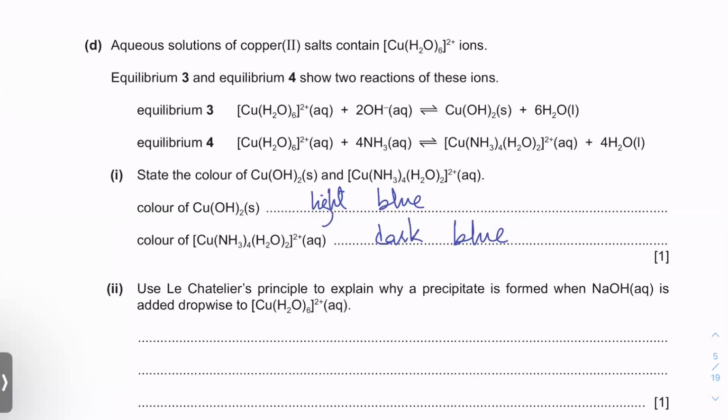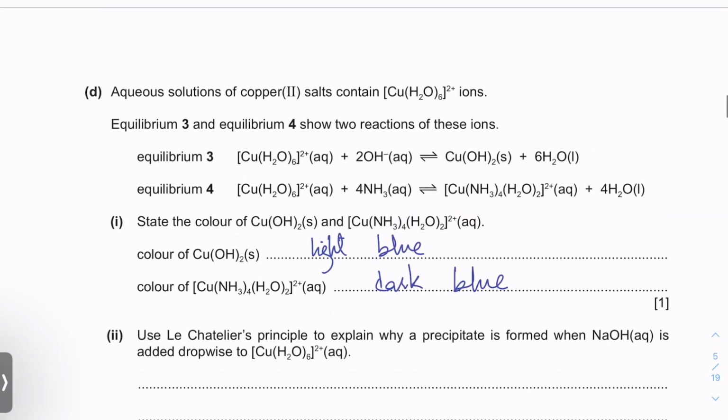Sorry, I got disconnected. Okay, use Le Chatelier's principle to explain why precipitate is formed when sodium hydroxide is added dropwise to copper hexaaqua. Let's see. When you add hydroxide, you are increasing the concentration of this ion. And when this increases, equilibrium shifts to the right. So a solid is made.